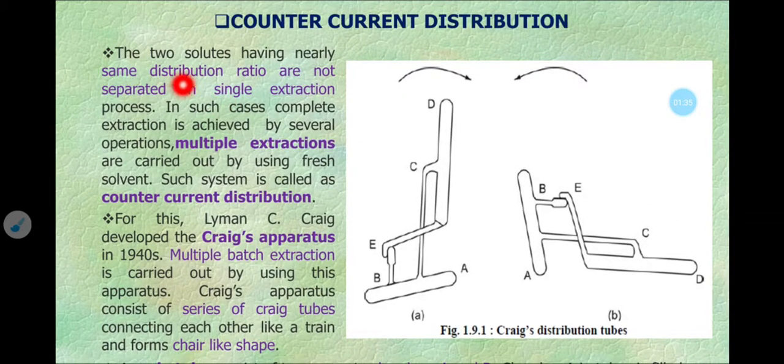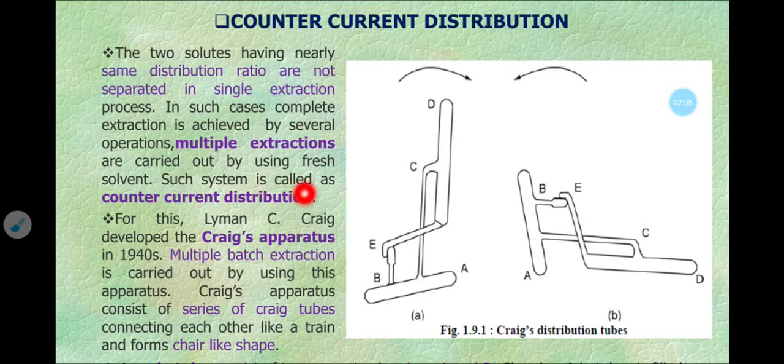Two solutes having nearly the same distribution ratio are not separated in a single extraction. In such cases, a complete extraction is achieved by several operations called multiple extraction, and this multiple extraction is carried out by using a fresh solvent.